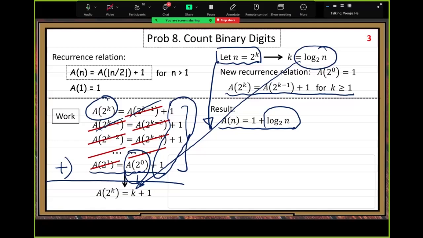How to fix it when n is not a power of 2? Because we want to get an integer. Do you have any idea? So here we need to solve another technical problem.